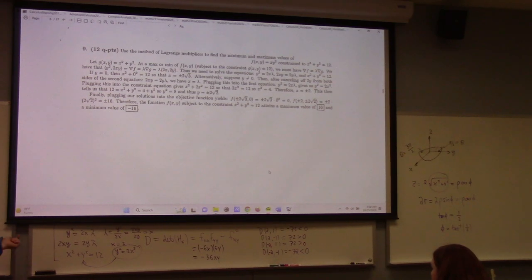You get 3x squared equals 12, which gives me x squared is equal to 4. Is that right? So x is plus or minus 2. And if x is plus or minus 2, y squared is 8. So y is plus or minus root 8. And then you just plug in these 4 different cases and see which is max, which is min.